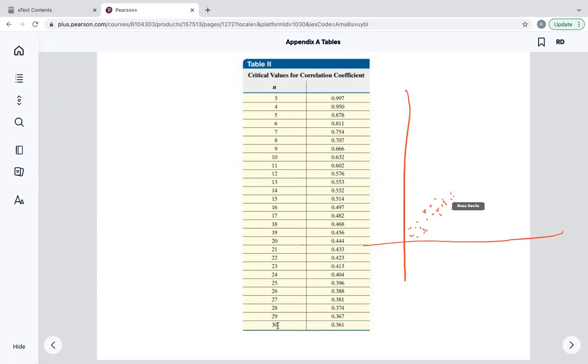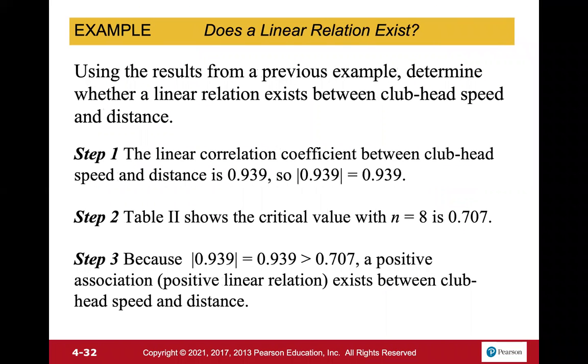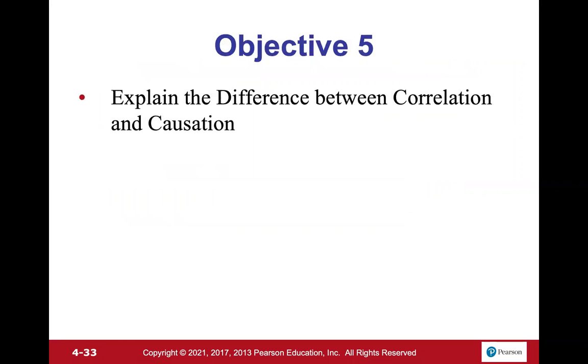I'm pretty sure I'm drawing more than 30 here, but see how there's still positive correlation here, versus us trying to say that there's positive correlation between 1, 2, and 3 points. There should still be some sort of positive correlation there, but it shouldn't have to be exact, if that makes sense. All right, so going back to this, because it is greater than 0.707, we do have positive association or positive linear relation between the two variables.